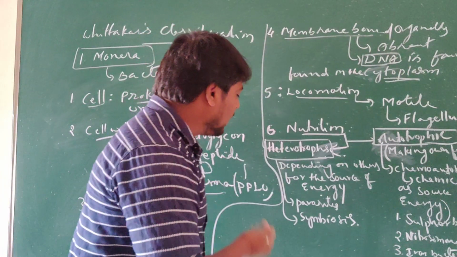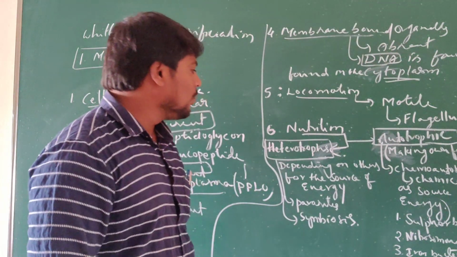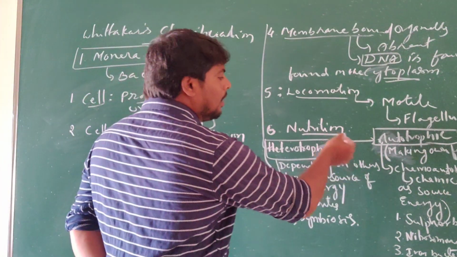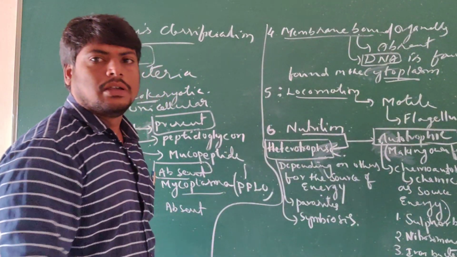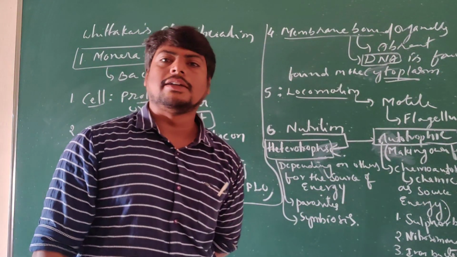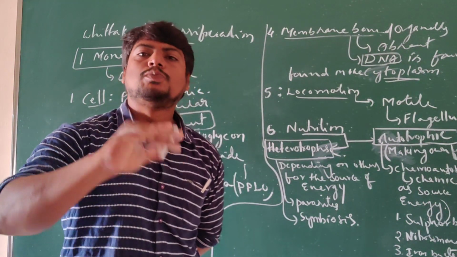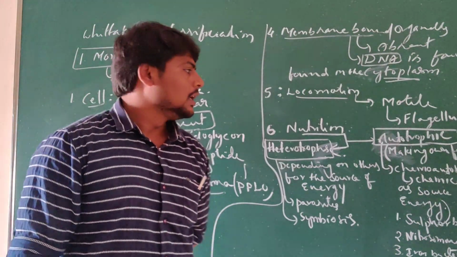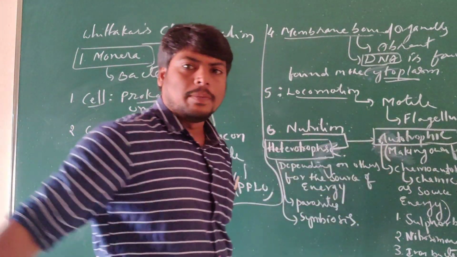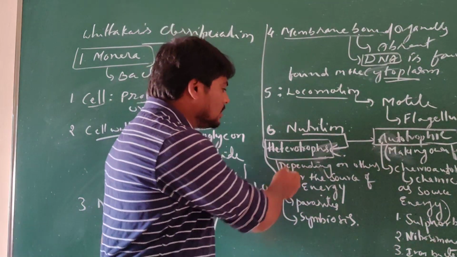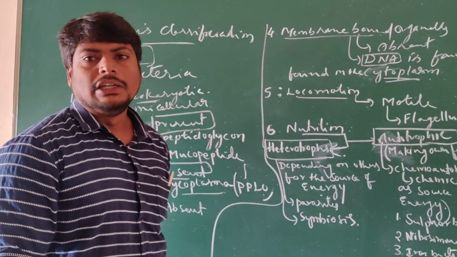That is the symbiotic mode of nutrition. In this way, some bacteria are autotrophs and some are heterotrophs, so they follow both types of nutrition: the autotrophic mode and also the heterotrophic mode.